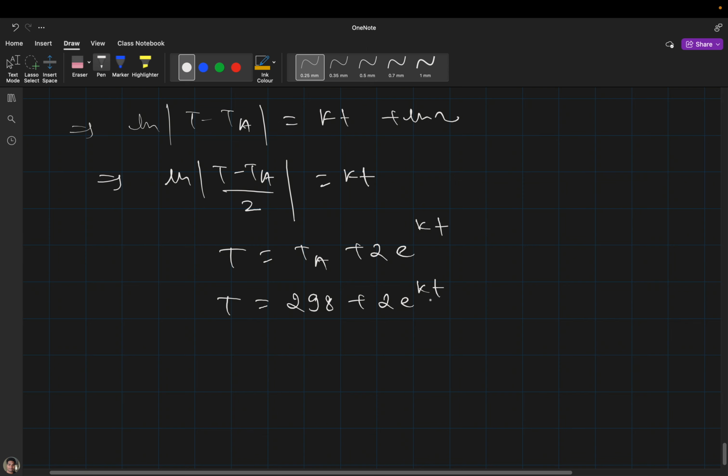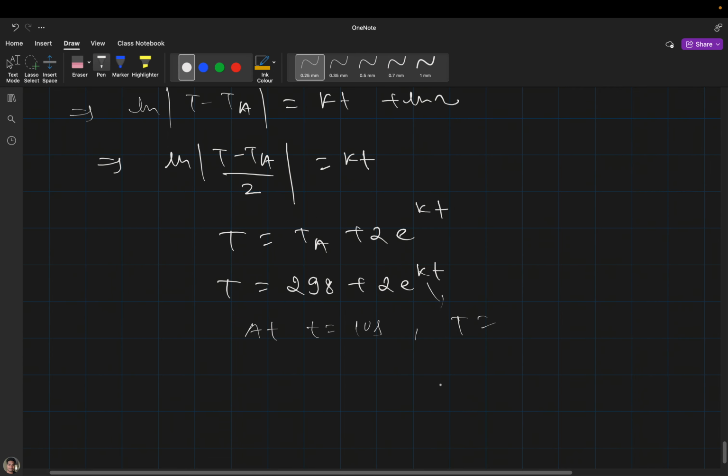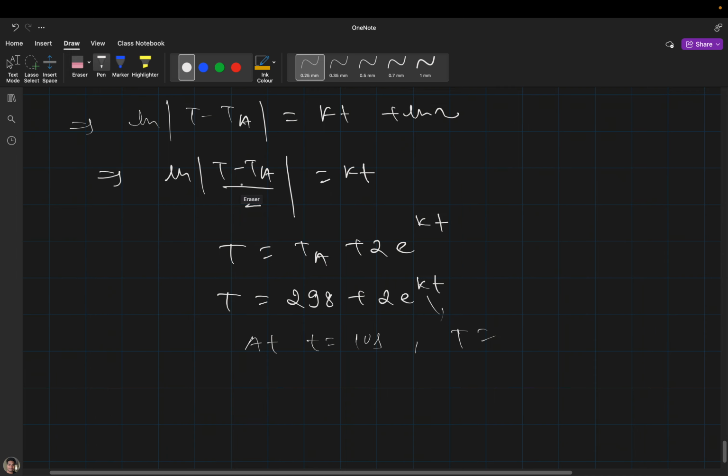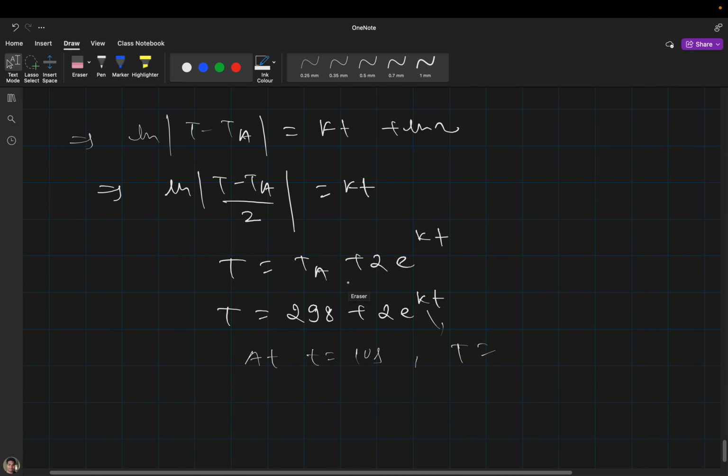Suppose at t equal to 10 seconds the temperature has decreased to a known value, or at t equal to infinity the temperature becomes the environment or ambient temperature. On the basis of that, you will get the value of k. Now substitute that, and you have the variation of T.